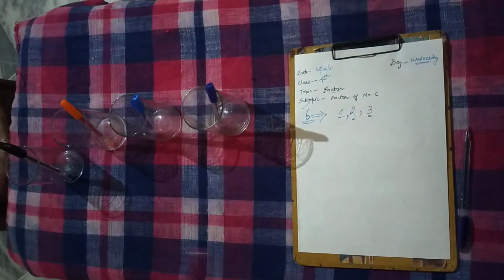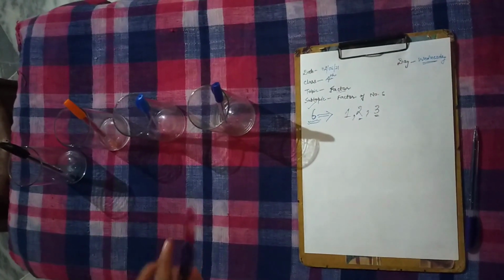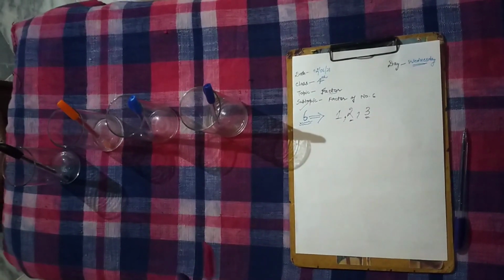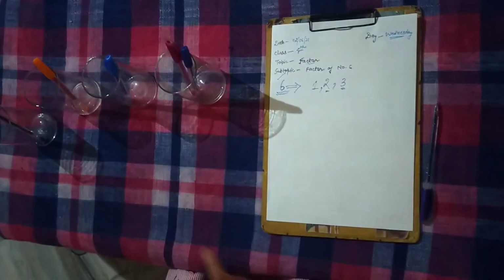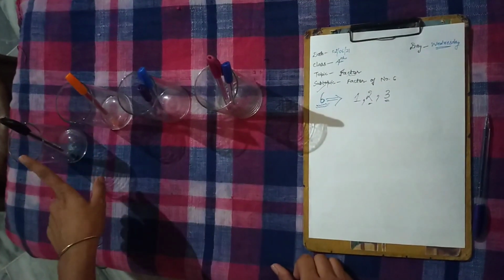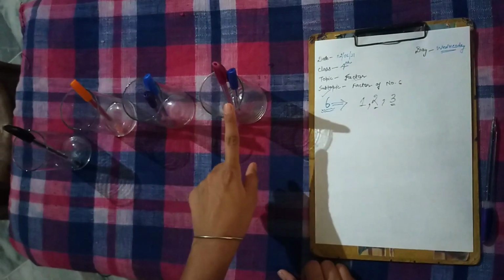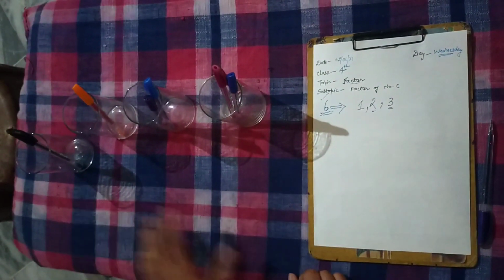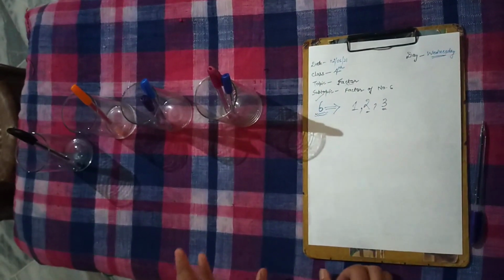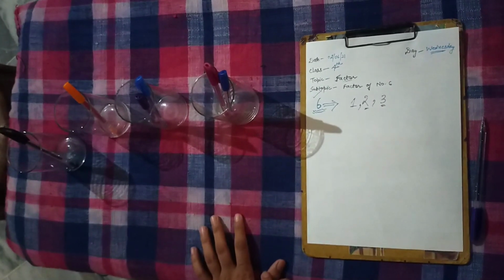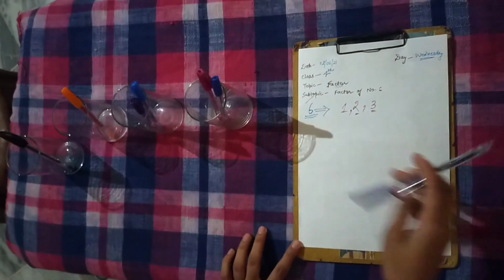Now students, see, we have put one pen in each glass, but 2 pens are left. If we put them in two glasses, then only one pen is in the other 2 glasses and 2 pens are in these 2 glasses. So we can't divide 6 equally into 4 glasses. So 4 is not a factor of 6.